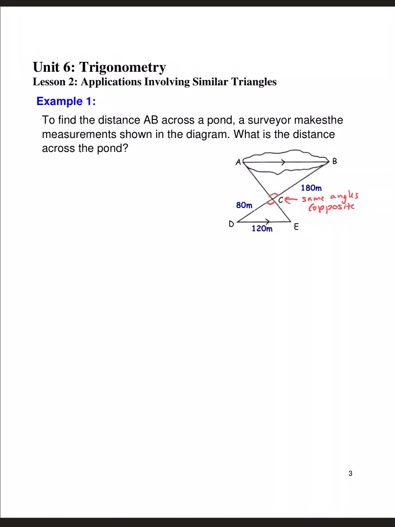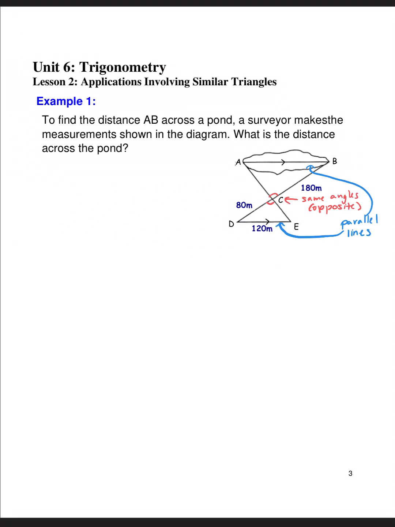Opposite angles are equal. And then you also have these parallel lines, which we learned about in grade 9, and you make all those different patterns. So this line here and this line here are parallel lines, meaning that they have the same slope.